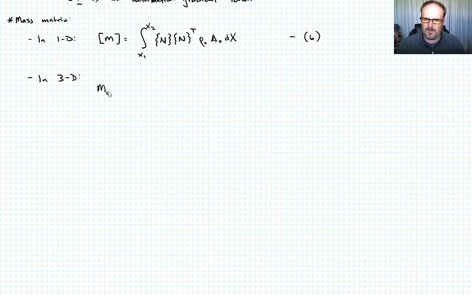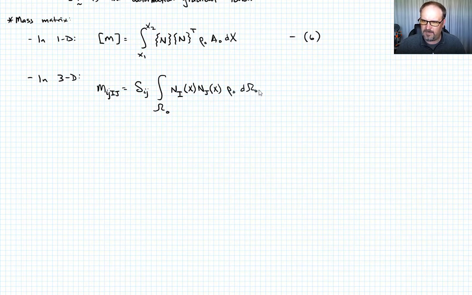I'm going to say M ij, capital I, capital J, is equal to delta ij, and it'll become clear what this means in a second, times the integral over omega naught, which is the volume of the element in its reference coordinates, of the quantity N I, which I'll remind you is a function of x, N J, which is also a function of x, times rho naught d omega naught. So very, very similar. Call that equation 7.